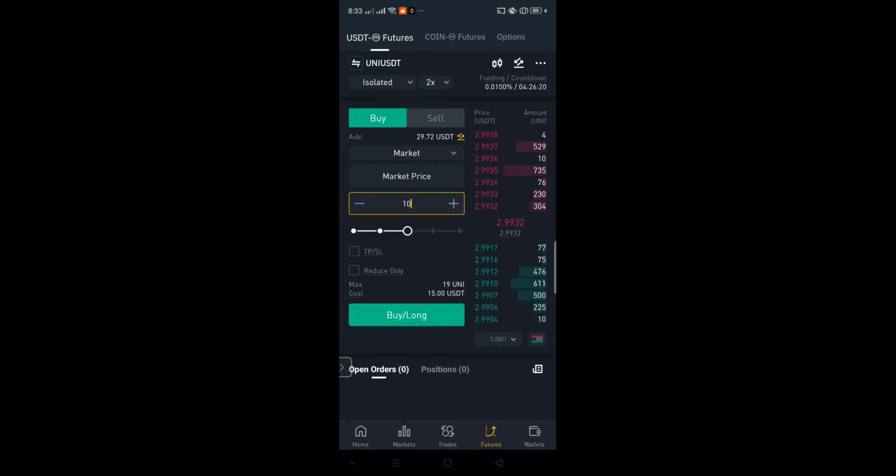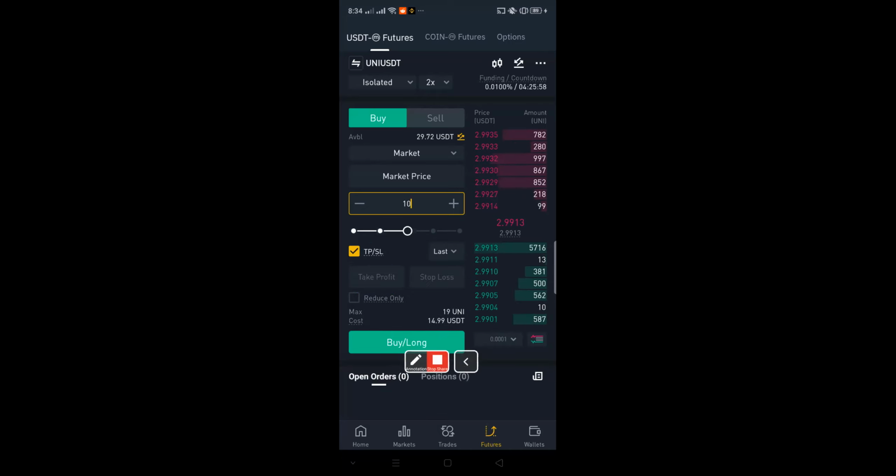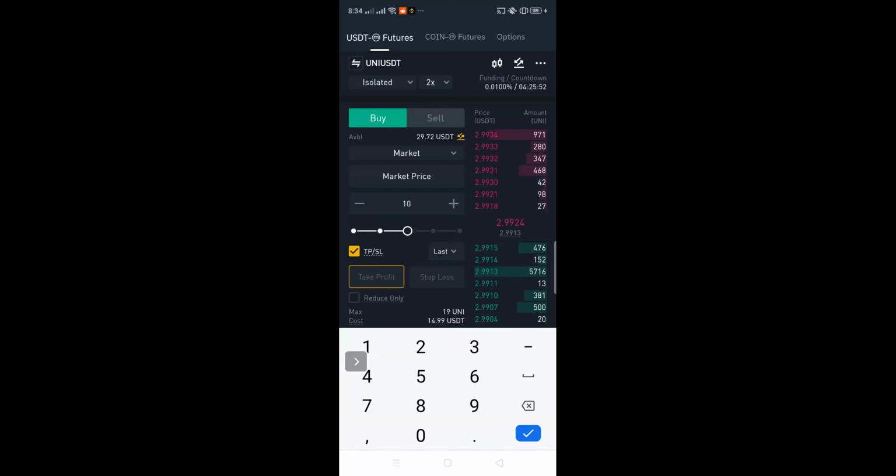So now, once you've already picked the percentage, then you come to TPSL that is under. This is TPSL. Once you click that, you see take profit and stop loss. So you put your take profit here.